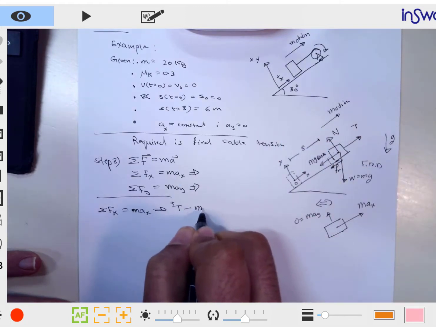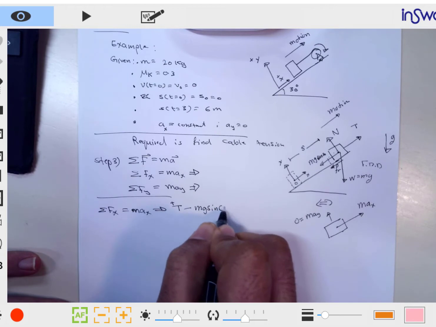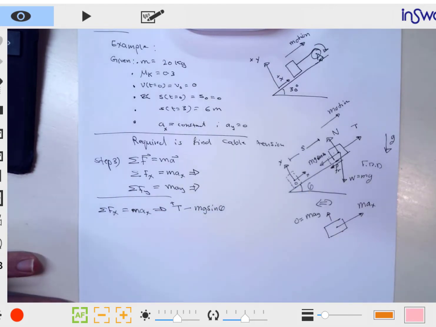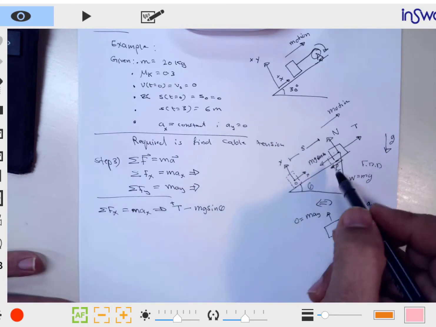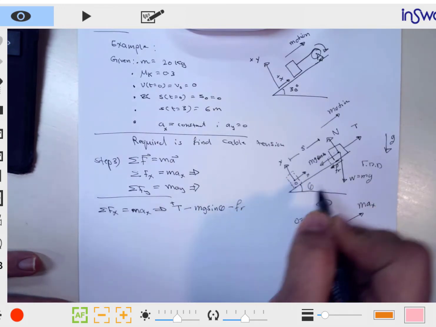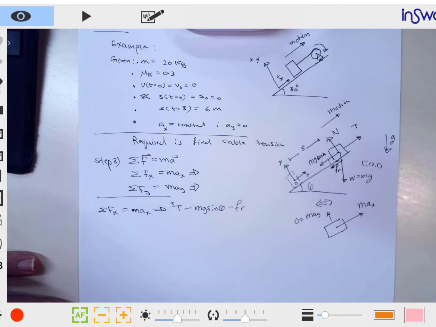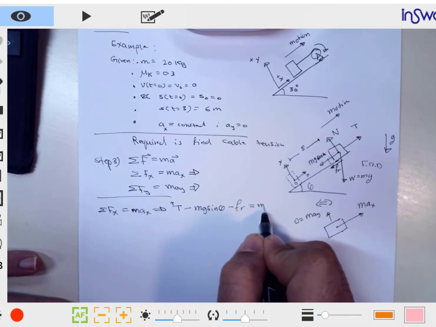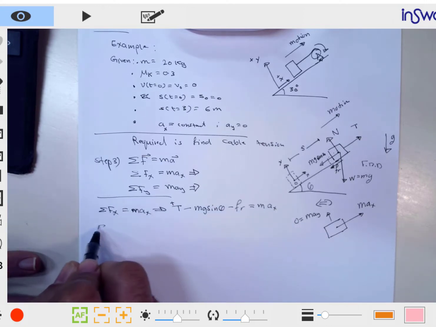So mg sine theta, let's be general, and then we'll plug in numbers. Also we have a friction, minus friction, opposite direction of motion, and this is equal to mass times ax.